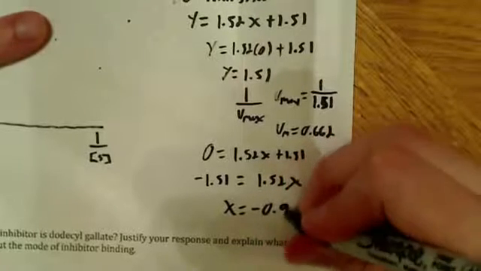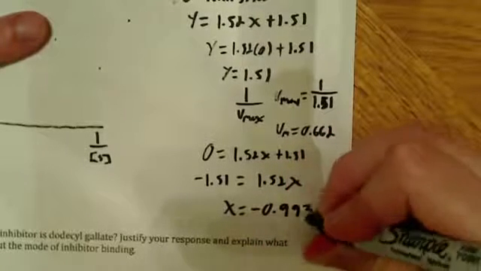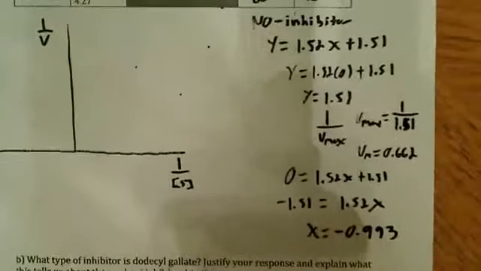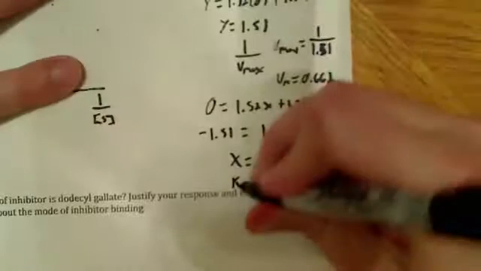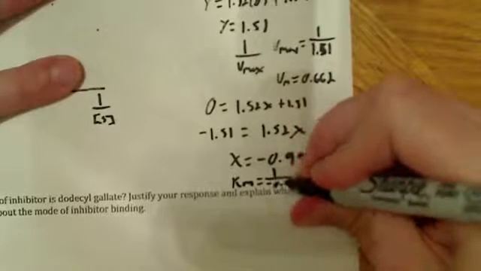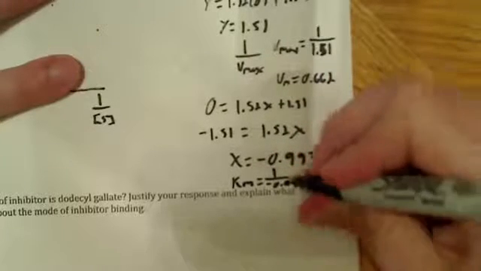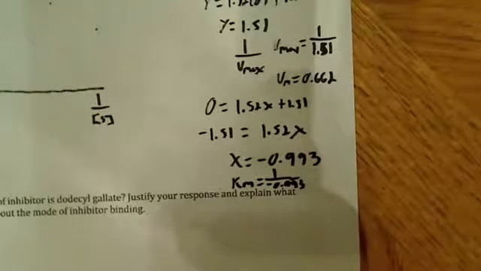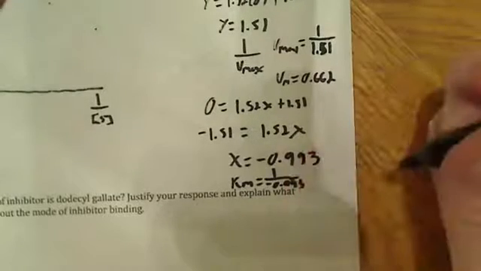I get something like negative 0.993. It's a negative number, but that's what we want, because in order to get the Km, the Km is equal to 1 over negative 0.993. Actually, I'm even making a silly mistake here.